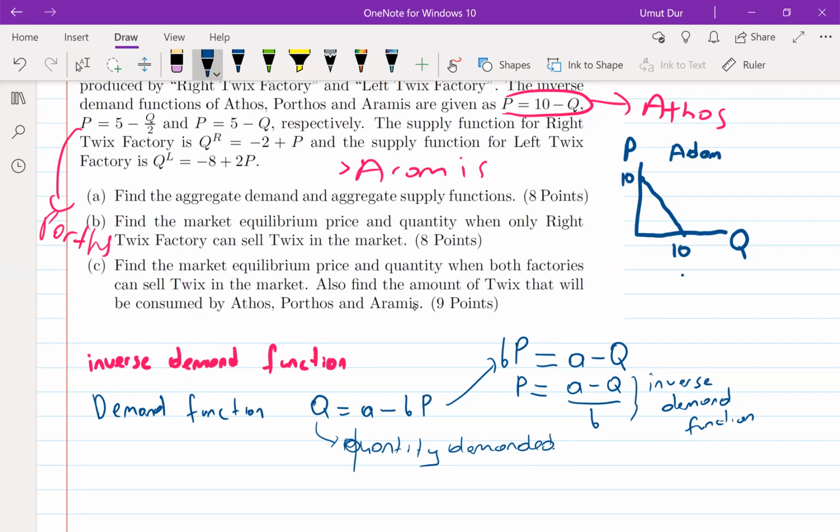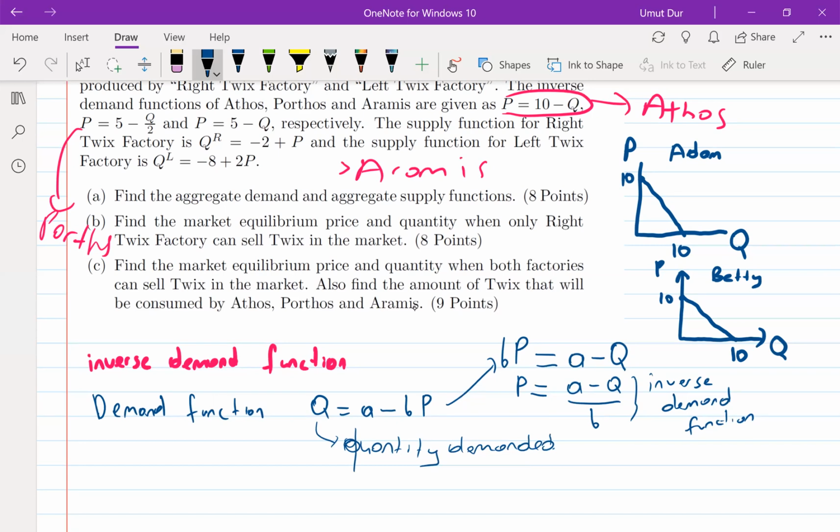And let's say that this is the demand function for the second individual. So this is the demand function for Betty. Let's say that they have the same demand functions, which means that the demand curves will be exactly the same.